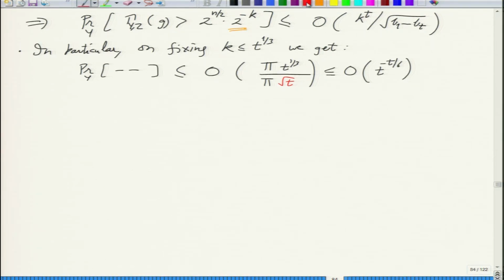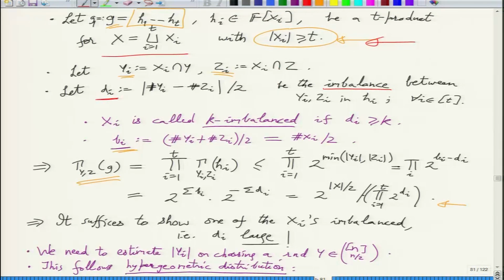So if the measure is larger than 2 raised to n by 2 minus k, what would it mean? It would mean from our older formula, there was this formula, right? So from this formula it would mean that all these di's are small. They are in fact smaller than k by t. Well, the sum is smaller than k, because if the sum was larger than k, then the measure will be small.